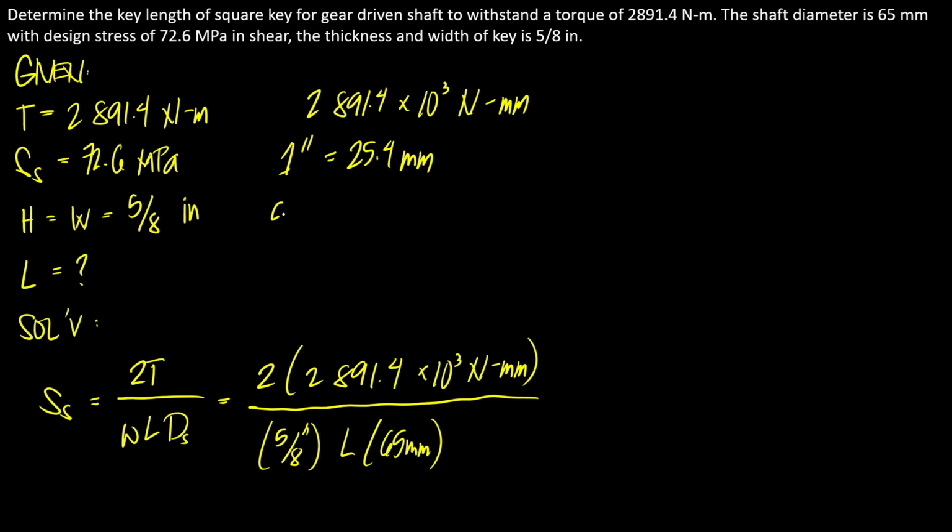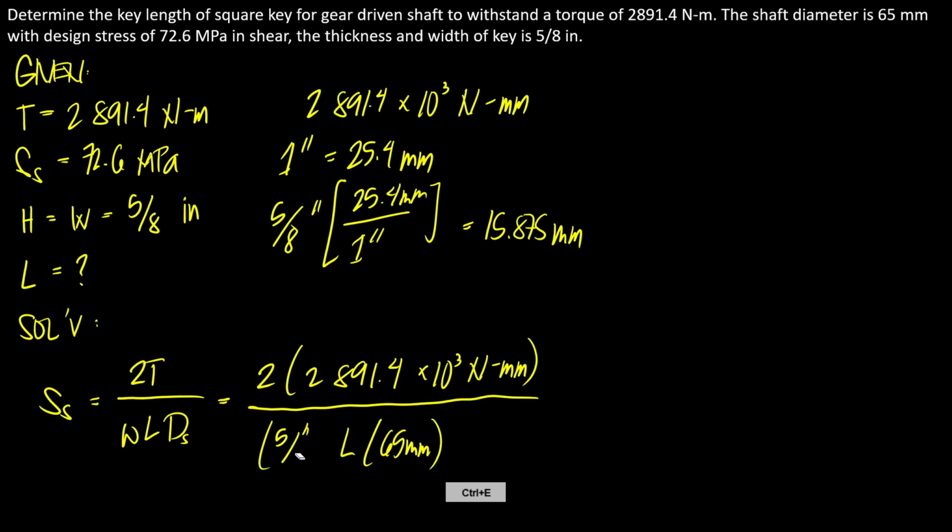Therefore, 5/8 inches, 1 inch equals 25.4 mm. And now, 5/8 multiplied by 25.4. Then we have 15.875 mm.